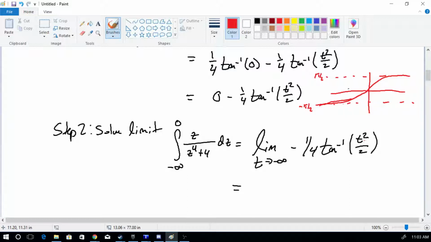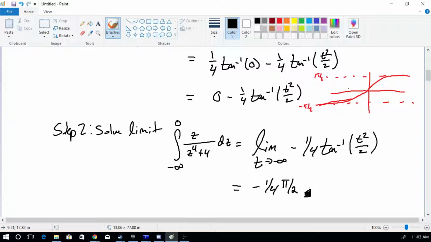That means t squared is going to go off to positive infinity. So I'm taking arctan as I let t get arbitrarily large. My arctan is going to go off to pi over 2. So this is going to equal negative 1/4 times pi over 2.